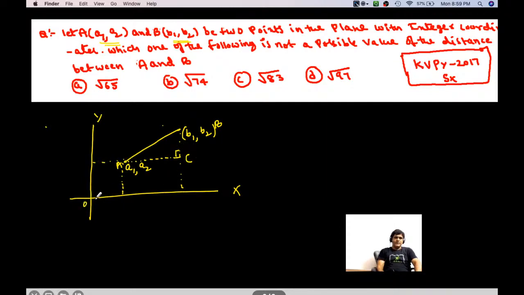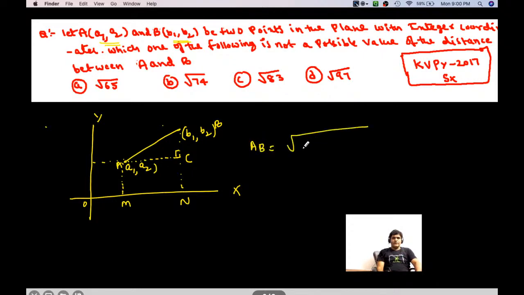Suppose the feet of the perpendiculars are M and N, from A and B on the x-axis. Therefore OM distance is A1, ON distance is B1.